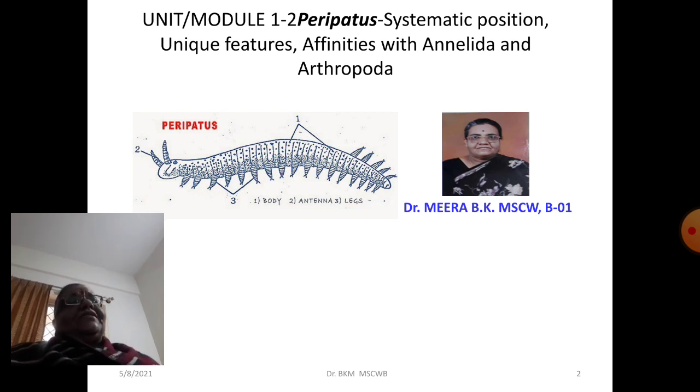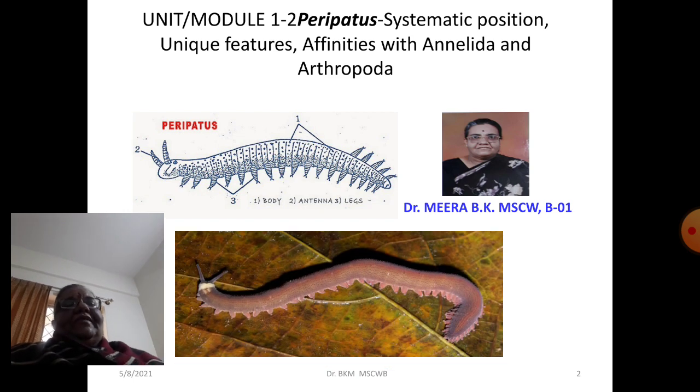Please note, this doesn't have any economic significance, but still it has phylogenetic significance, and therefore it is very interesting for zoology people. And this is its photograph taken in situ, in its natural habitat, and this is how the animal looks.